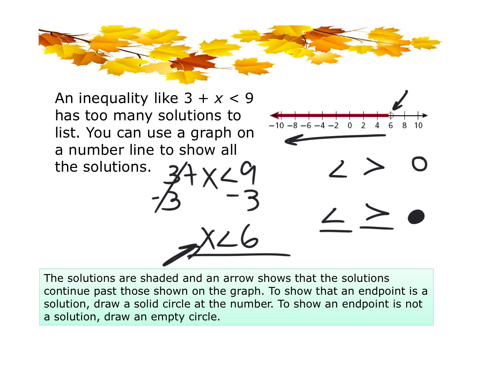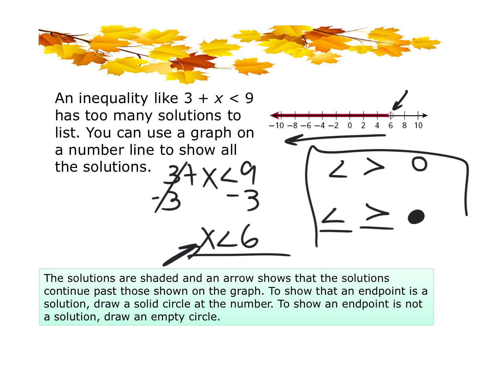Now I'm going to go ahead and read what's on the green. It's just restating what I just told you. The solutions are shaded and an arrow shows that the solutions continue past those shown on the graph. To show that an endpoint is a solution, draw a solid circle at the number, and to show an endpoint is not a solution, we draw an empty circle. So that is just saying what I just told you.